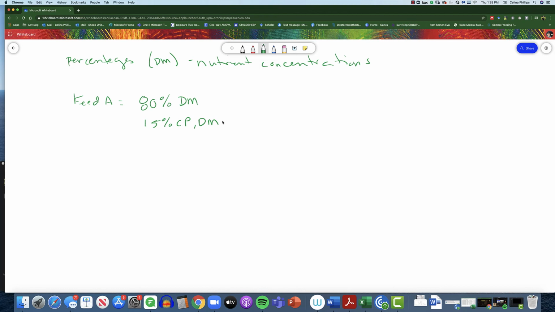And so this is where we could set up a simple little formula that would allow us to convert between the two. What I generally do is set it up with as fed on one side, and we're going to be setting up a cross multiplication, dry matter on the other side.